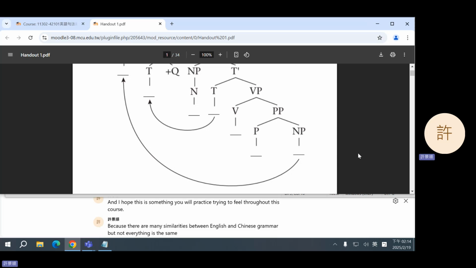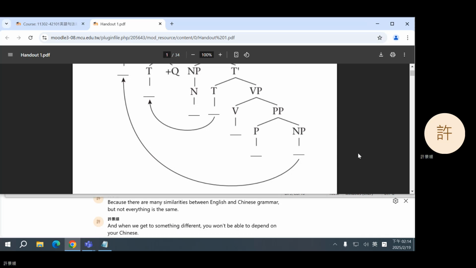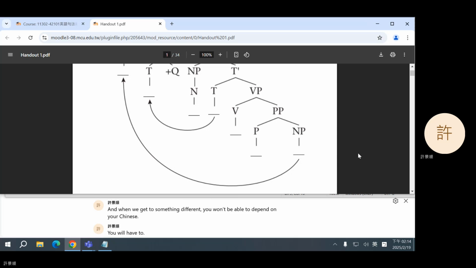And when we get to something different, you won't be able to depend on your Chinese. You will have to think using the structure of English grammar.